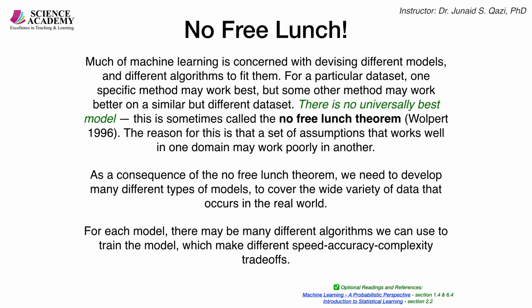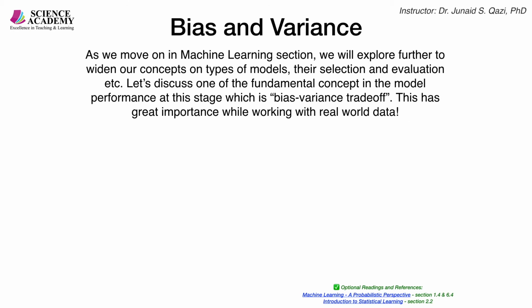In such trade-offs, one of the very important and fundamental concepts involves bias and variance. As we move on in the machine learning section, we will explore further to widen our concept on types of models, their selection and evaluation.